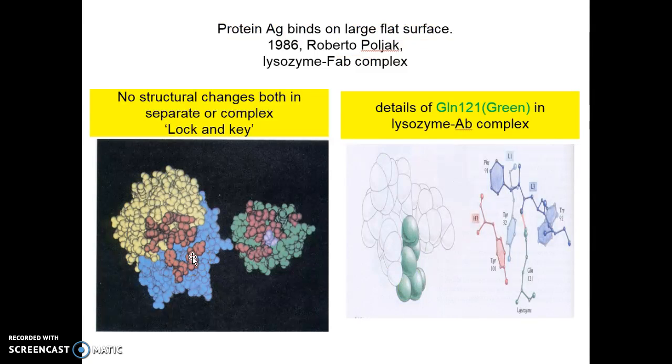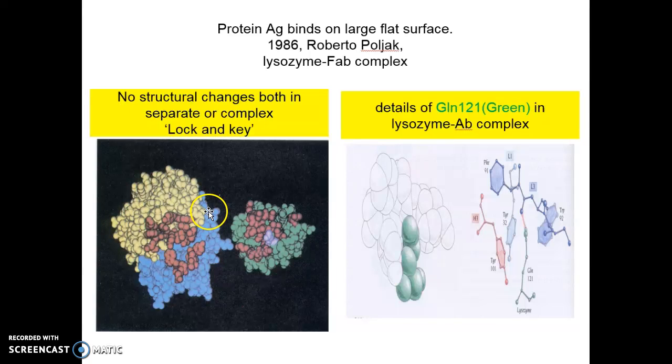The interactions of antibodies with protein antigens were studied by Roberto Poljak in France in 1986 by using lysozyme. The shape of the interaction area between lysozyme and the CDR loops of the antibody is easily distinguished from the hapten binding cleft. The interaction extends over a large area, as shown here.